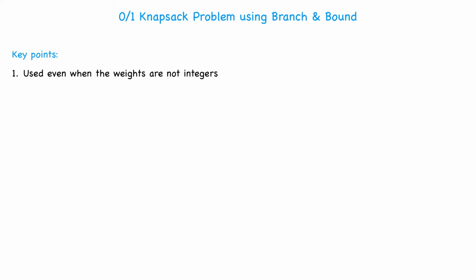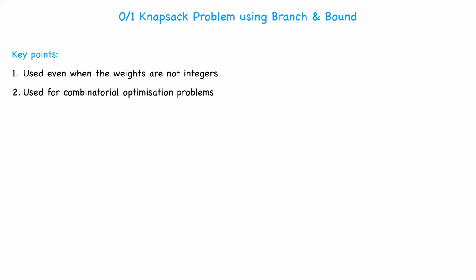In other techniques like greedy and DP algorithms, there is some constraint on the nature of the weights, but here we don't have any constraint. Even fractional values can be considered as input, and still we can find the solution.